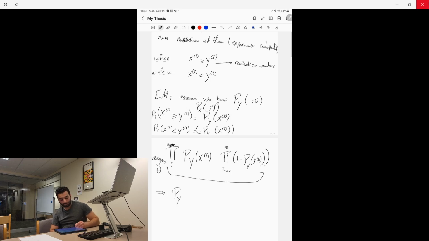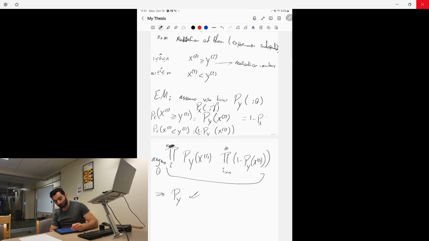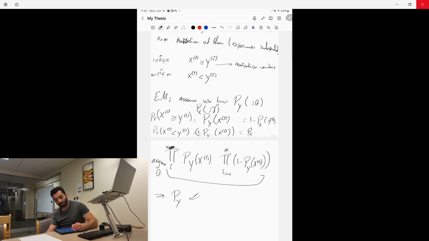and py is set. Now we have this set of probabilities also, which is 1 minus, for example, 1 minus px of yi, and this one is px of yi, for example.